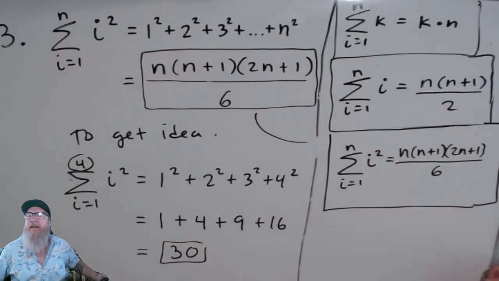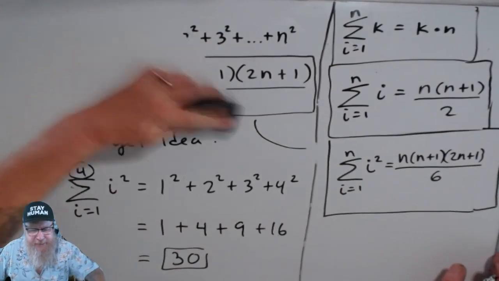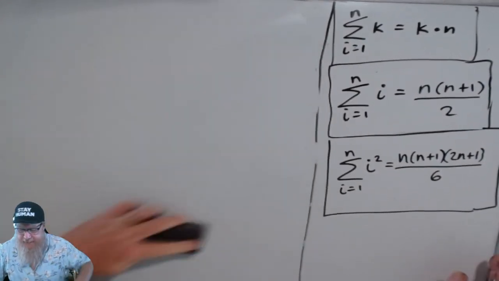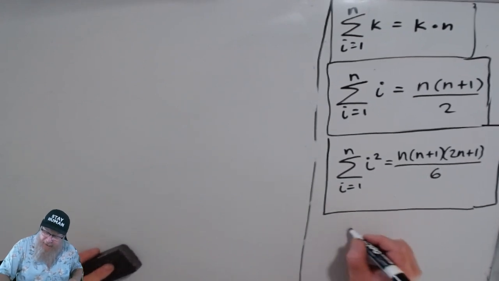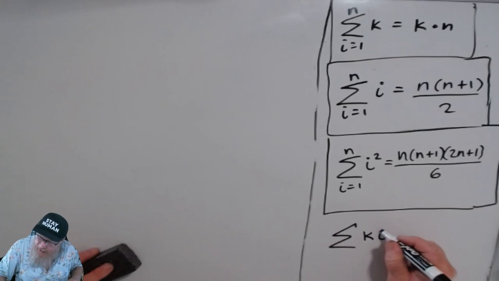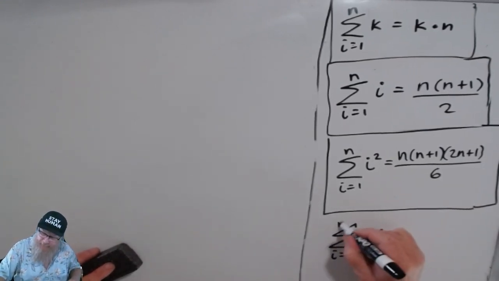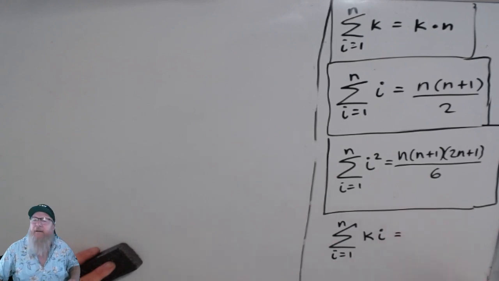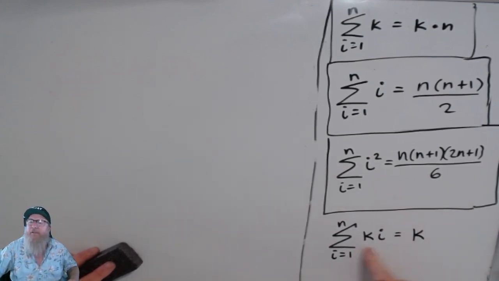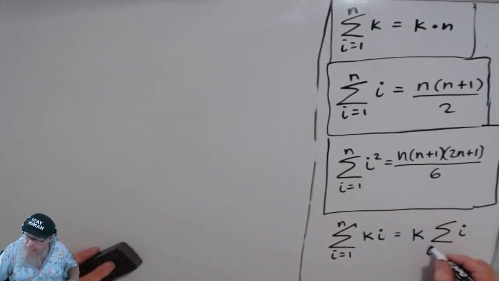And then finally, the last thing we'll do before we actually use some of these formulas is we will say, generally, if you have a constant times an index, you can pull the constant out and then just do the formula for the index.